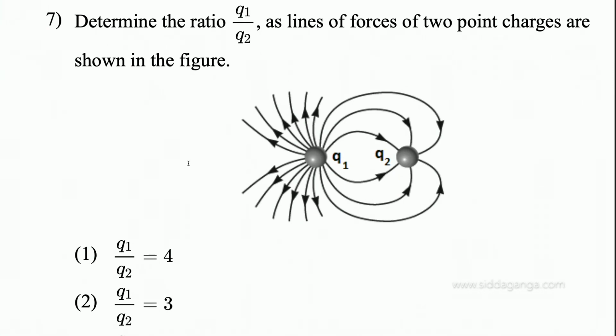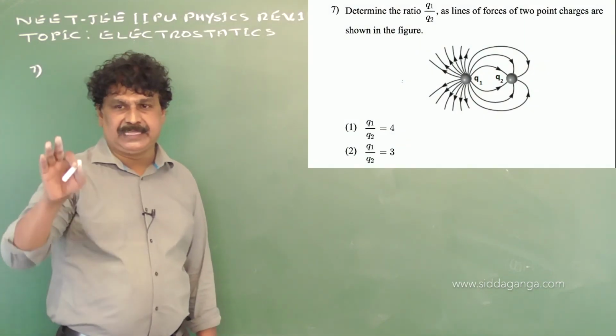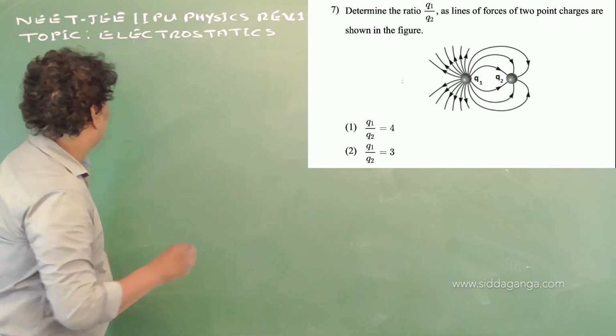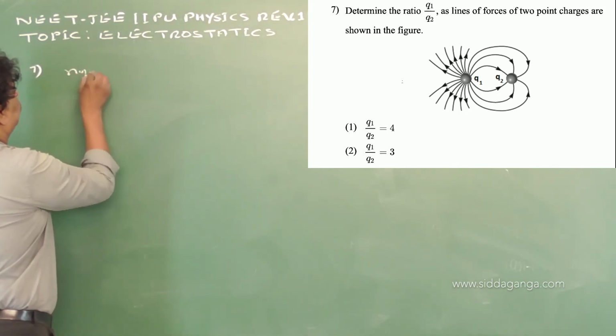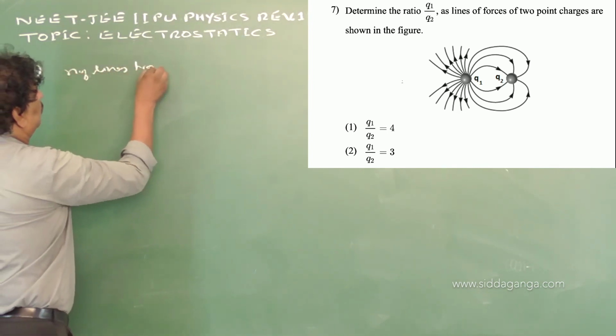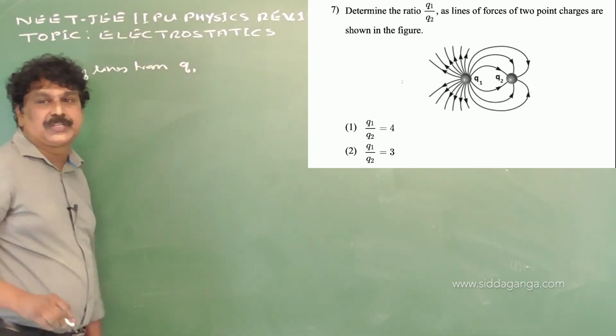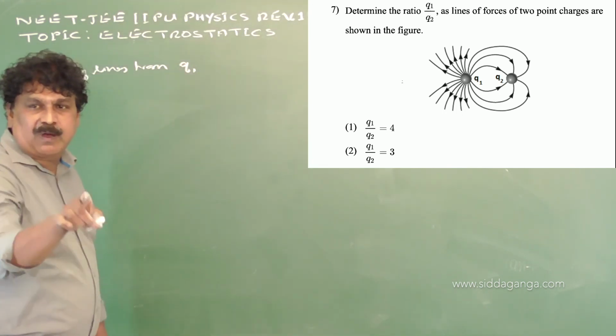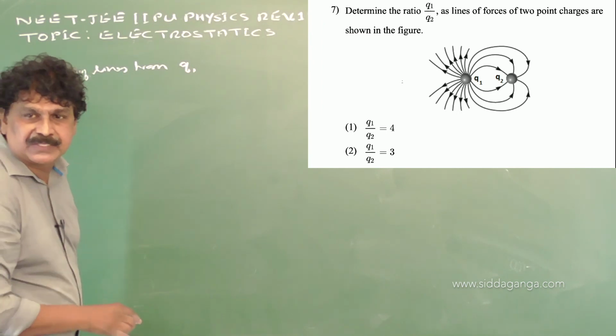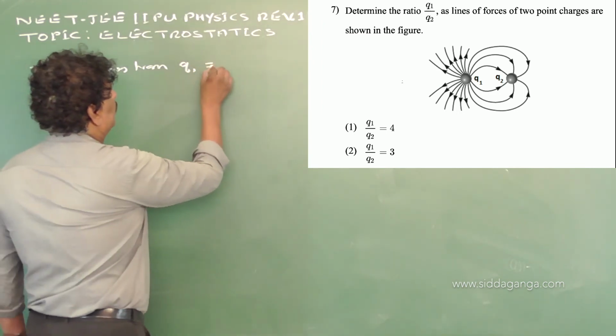Now question number 7. Determine the ratio of Q1 by Q2 as the lines of force of two point charges are shown in the figure. Now observe carefully the figure. The number of lines from the charge Q1, count all the lines originating from Q1, is equal to 18.